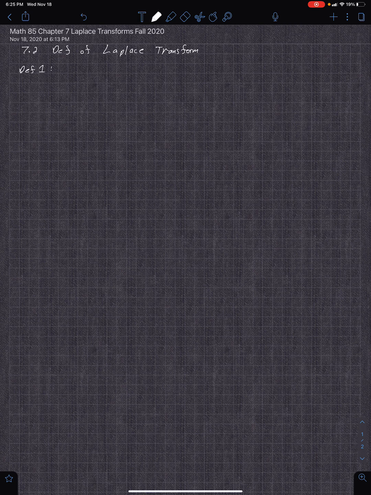So here's a definition. Let f of t be a function on 0 to infinity.